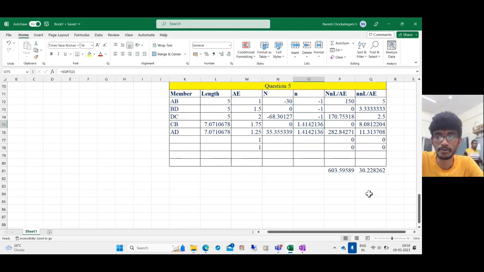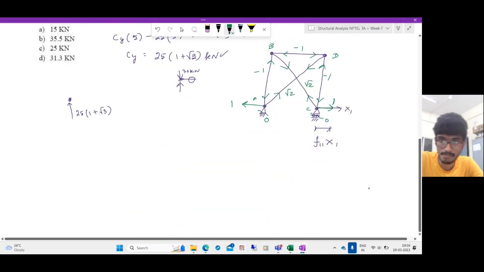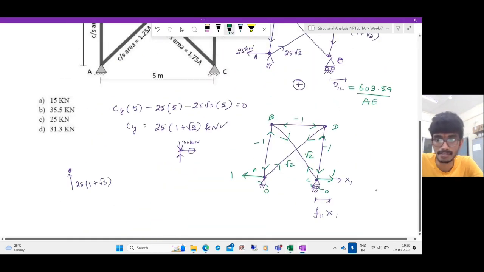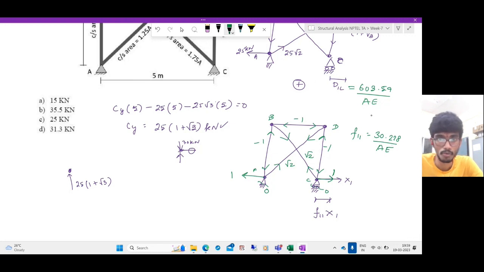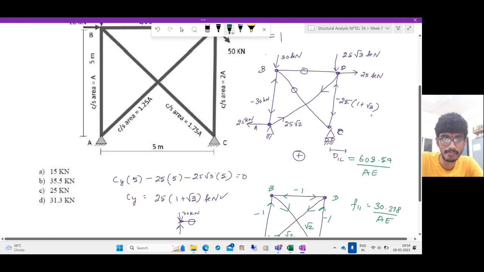And F11 is 30.228 by AE. Both are positive.